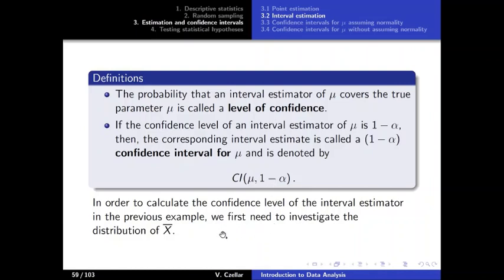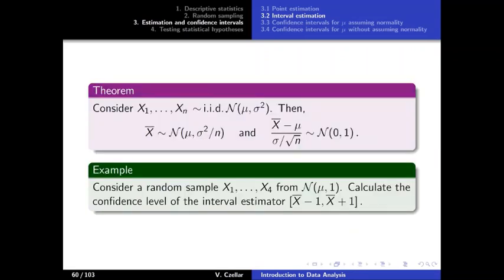So now we would like to calculate the confidence level of the interval estimator in the previous example, but we first need to investigate the distribution of x bar, right? Otherwise, I cannot say anything about the confidence level, and I cannot say anything about the probabilities. And for this, I need a theorem.